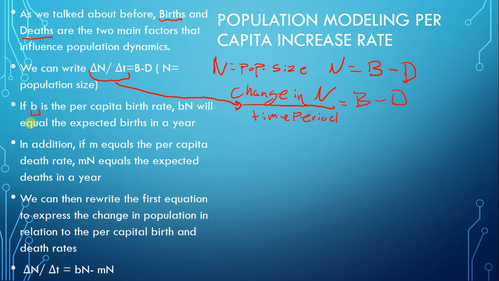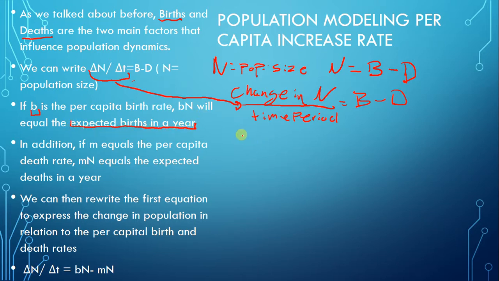If the per capita birth rate is little b, we can multiply it by our population size to get how many births we could expect in a year.